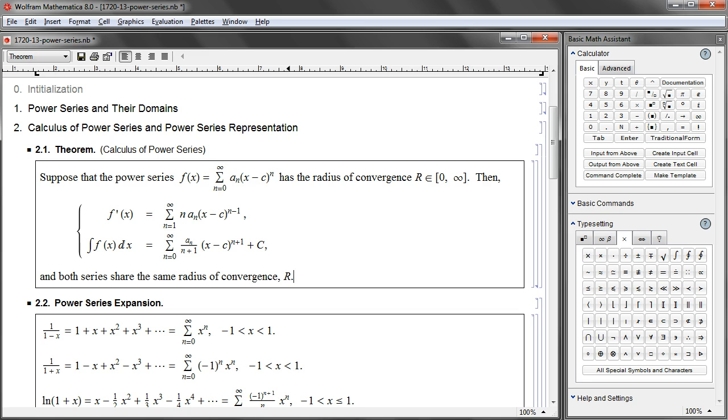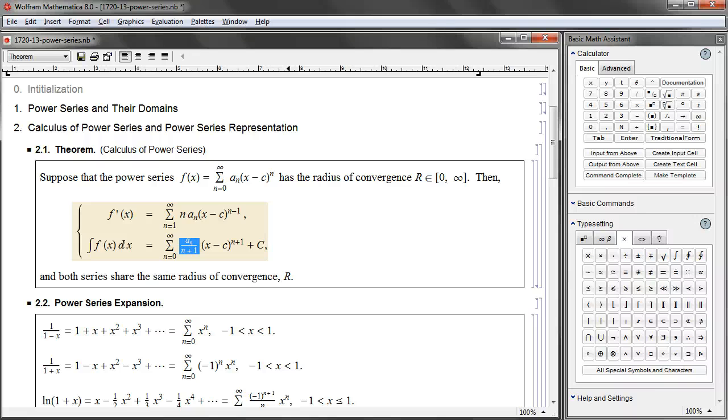However, what usually turns out is that if you take the derivative, you end up losing the convergence at the endpoints, because as you can see, the coefficients end up increasing. And if you take the antiderivative, it's vice versa. As you can see, the coefficients decrease.